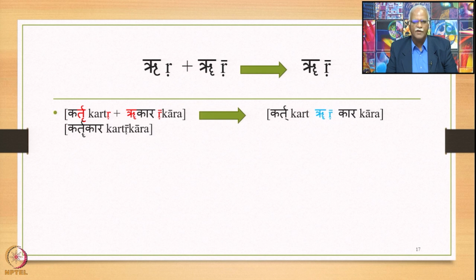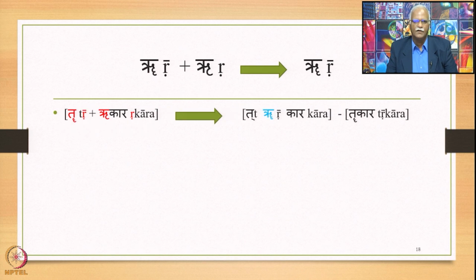So we have kartru plus rukara, where we have ru followed by long ru. They are savarnas, and 6-1-101 applies and replaces both of them with the long ru. So we have kart, ru and kar. That is kartrukar as the output.